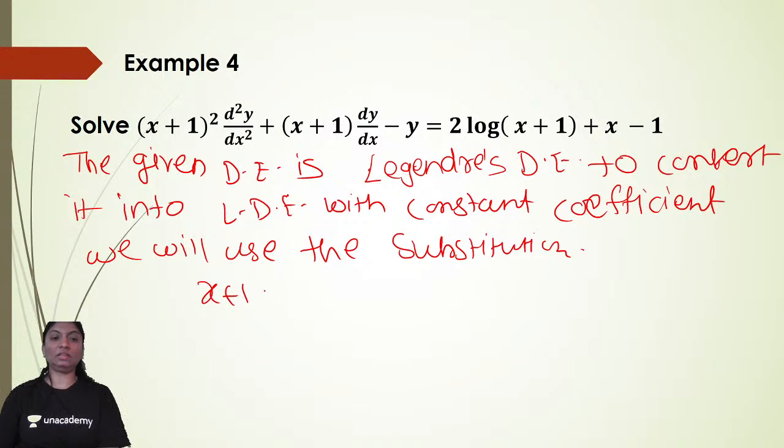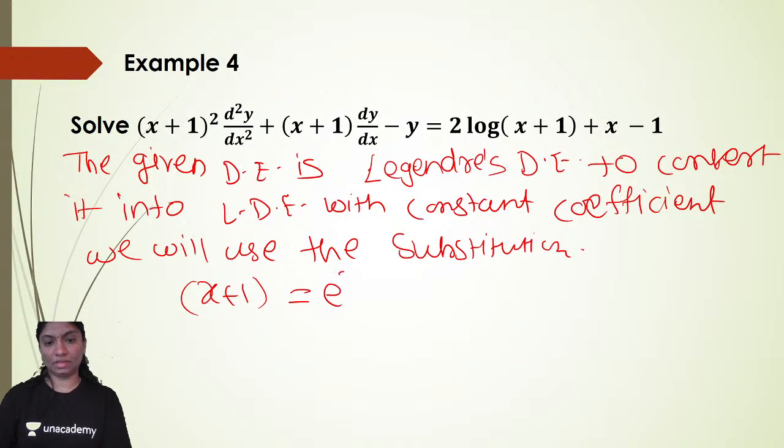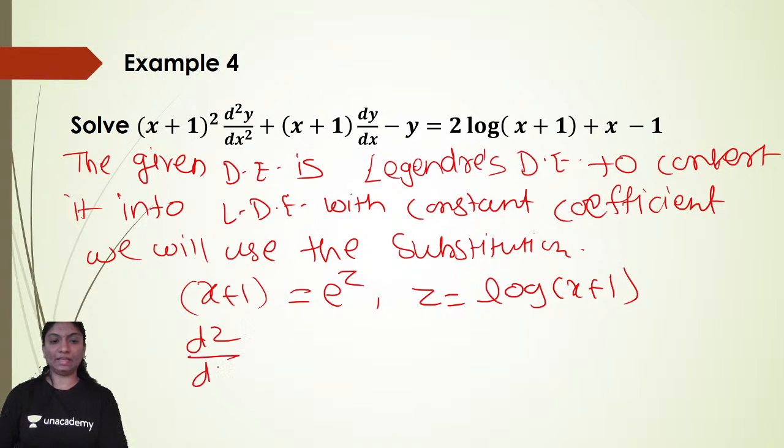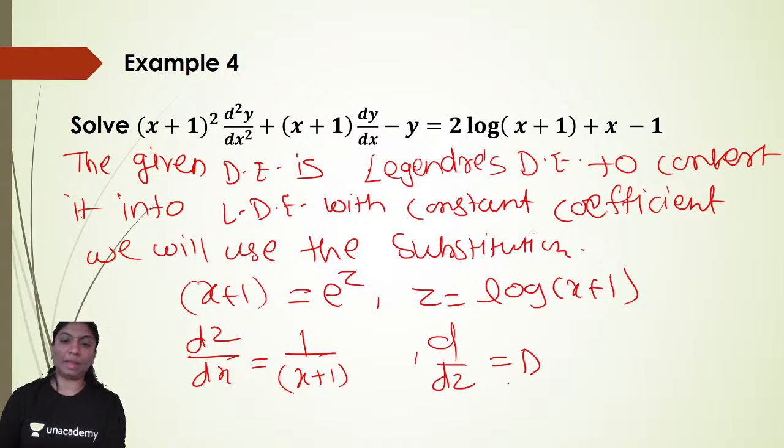X plus 1 is equal to e raised to z. So z is equal to log of x plus 1 and dz by dx is equal to 1 upon x plus 1. Right? And d by dz is equal to capital D.